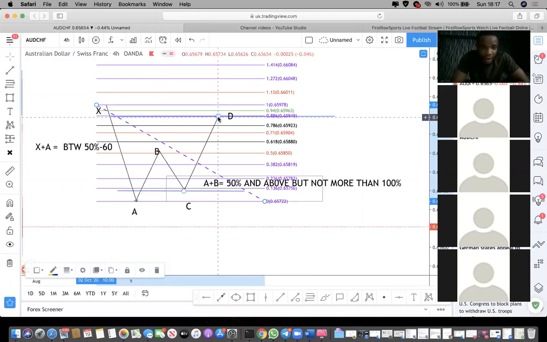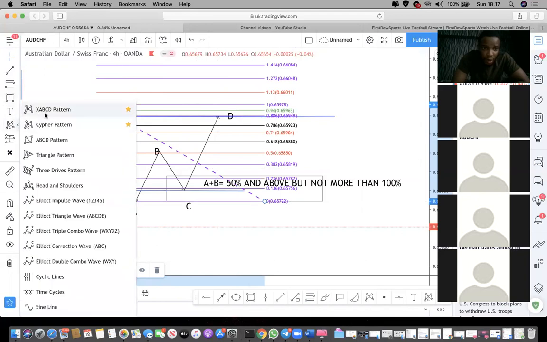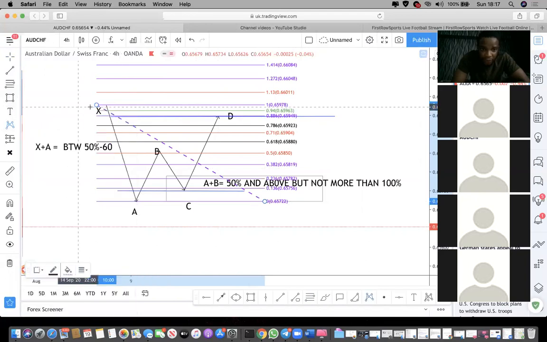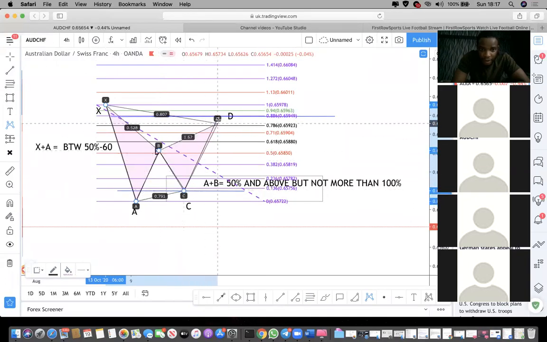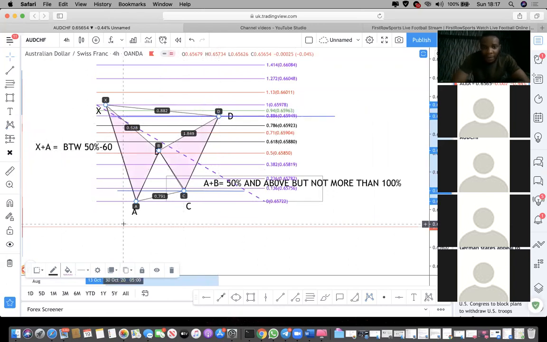So now all you're going to do is take your A, B, C, D pattern, and start from the X to A, to B, to C, and to D. Does that look like a harmonic pattern right there?